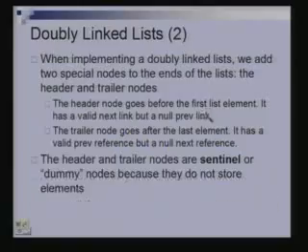We will perhaps see a slide on this one. So, we will need header and trailer nodes in a doubly linked list. These nodes are called sentinel nodes or dummy nodes because they do not contain any data inside them. They are just there to mark the start and the end.